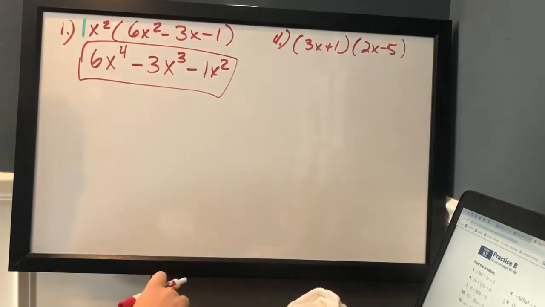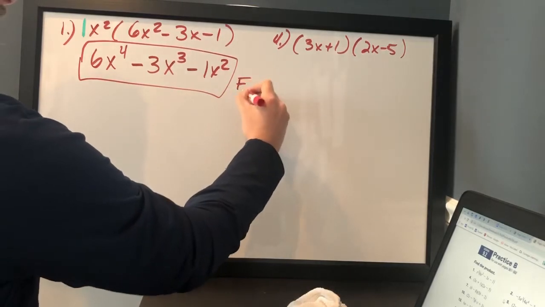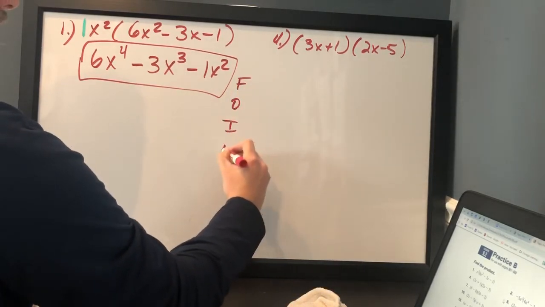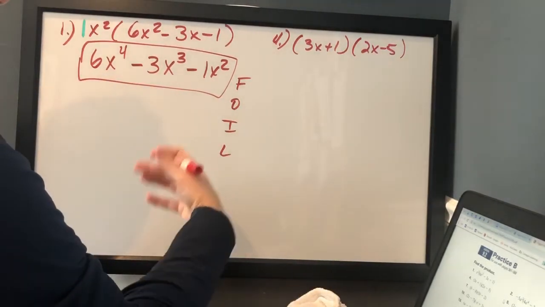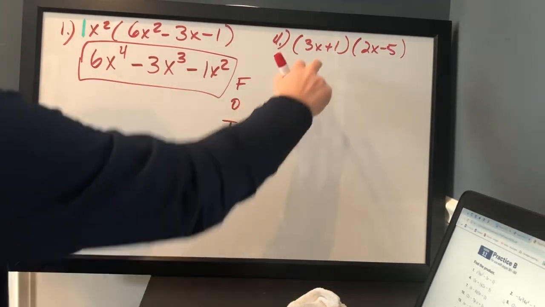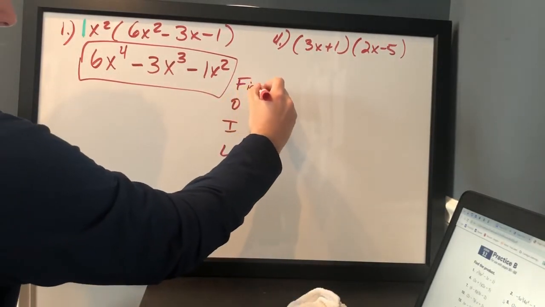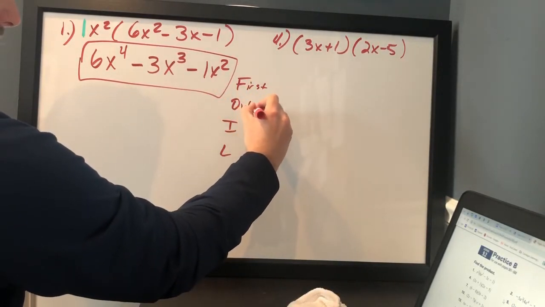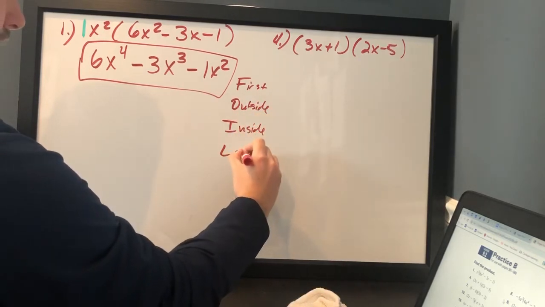Okay, for problems like number 4, you're going to do something that's called FOIL. Now FOIL only works when you have a binomial times a binomial. Meaning you still do the same steps if it's a binomial times a trinomial, but FOIL stands for first, outside, inside, last.